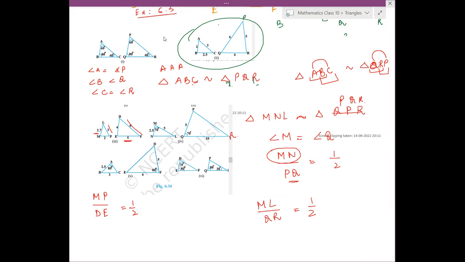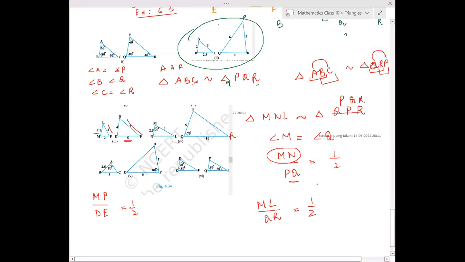Yes, Hamna, how to write it? Please help me out. Okay, if I start from this, let's say I'm putting the angle in between, it will be similar to triangle, if I put the angle in between, Q. So what is the side corresponding to NM? It is PQ.